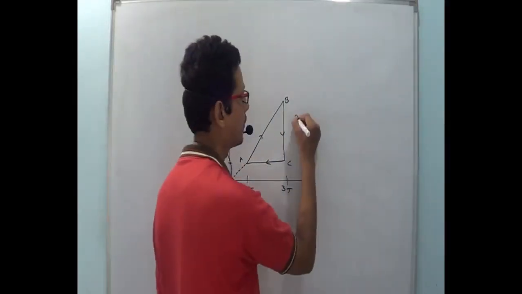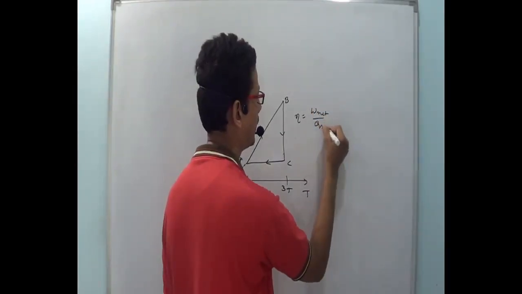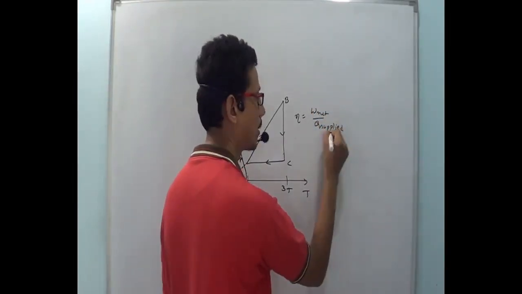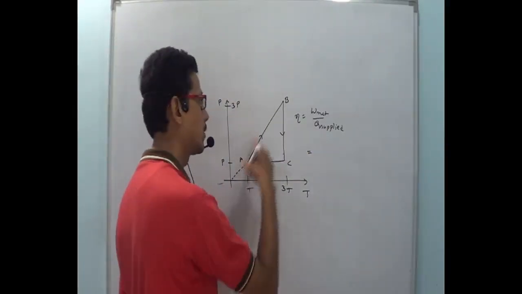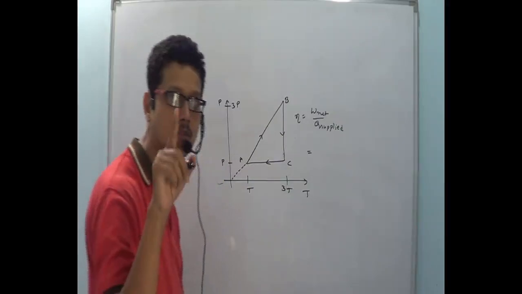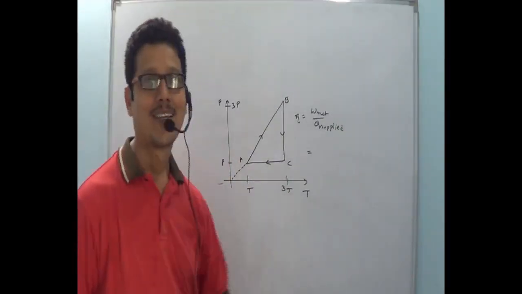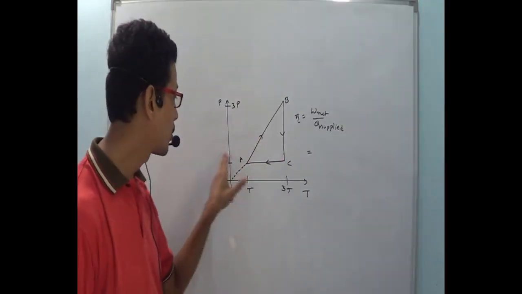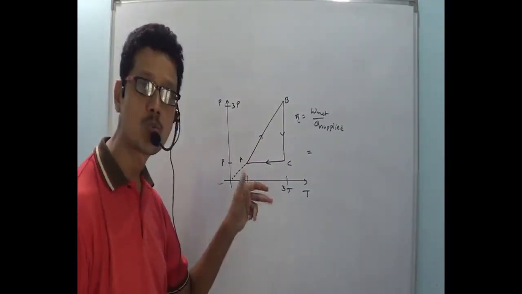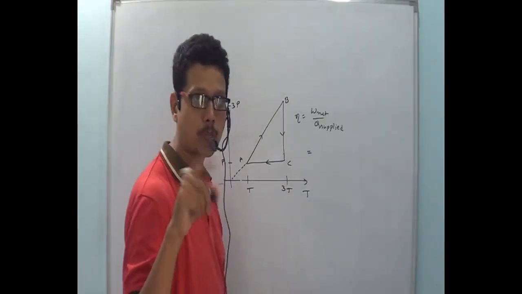What is the formula for efficiency? Net work done by heat supplied. Heat supplied only has to be taken. Net work done: what is the work done here from A to B? Zero. AB is an isochoric process because pressure is directly proportional to temperature, which means volume is constant. So work done in an isochoric process is 0.